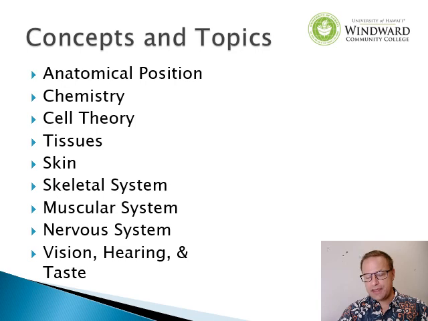We're going to cover a little bit of chemistry, some cell theory, and then we're going to start talking about tissues. Now, once we progress through tissues, we begin to work on body systems. For example, the integumentary system, skeletal system, muscular system, etc. And we end up this semester closing with lectures on special senses, things like vision, hearing, etc., and also the autonomic nervous system.